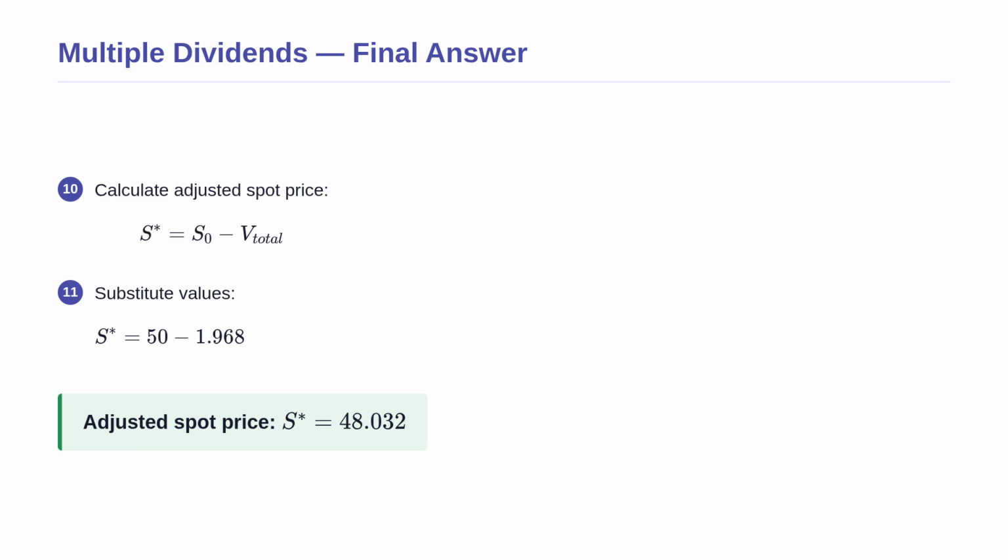The adjusted spot price is $48.032. When you sit down to use the Black-Scholes formula to price this call option, you will completely ignore the real $50 stock price. Instead, you will plug 48.032 into the formula as your starting stock price, perfectly accounting for the two upcoming price drops.